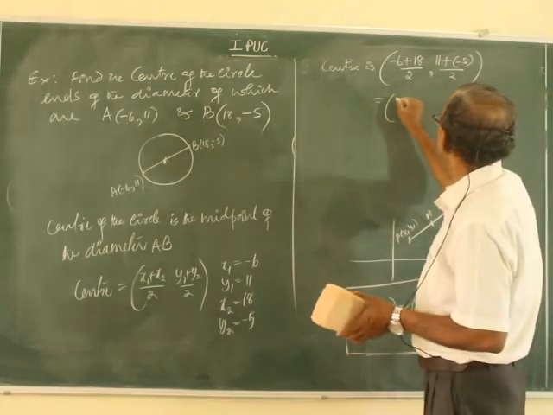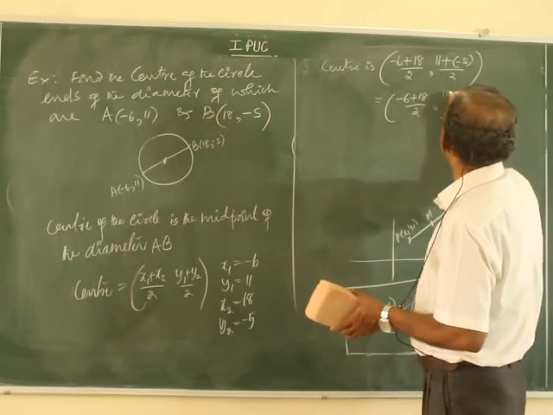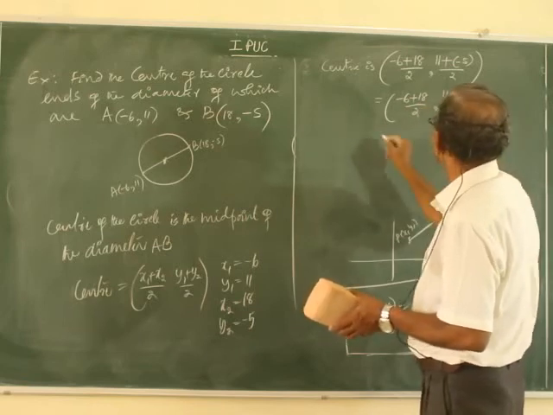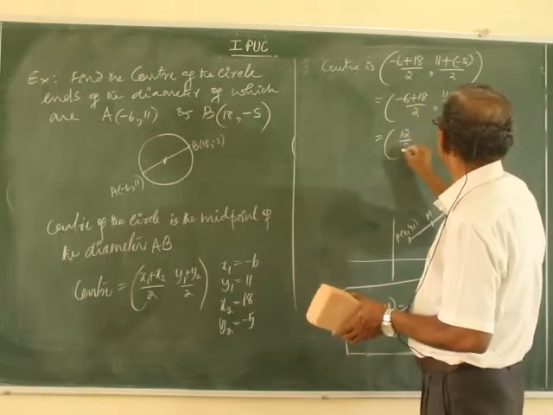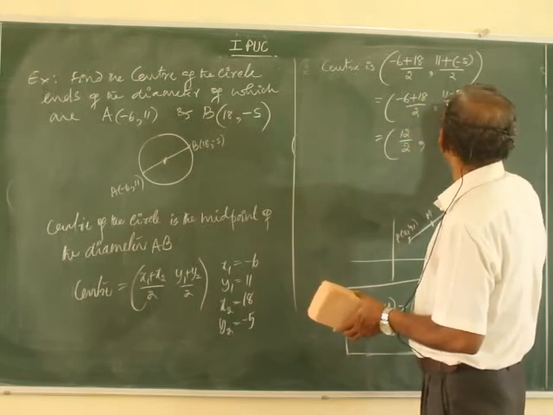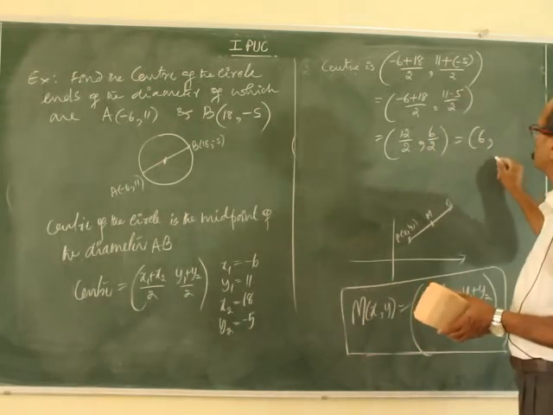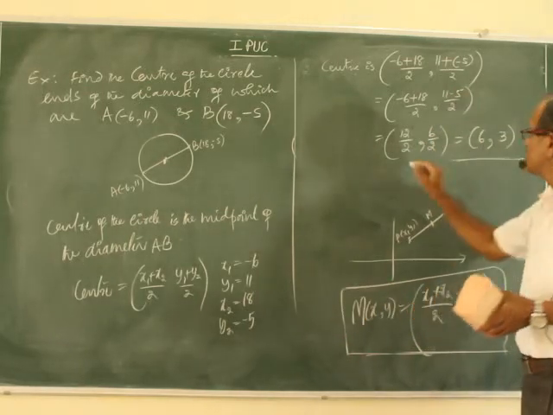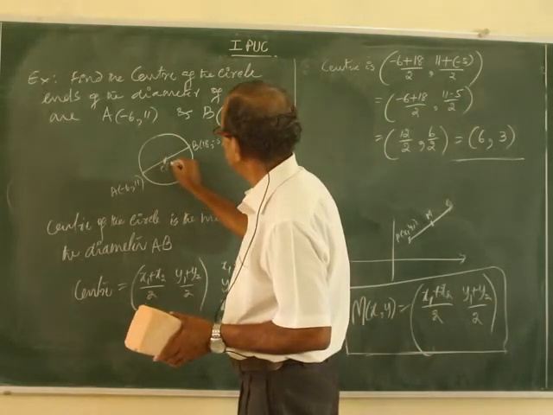That is minus 6 plus 18 by 2, 11 minus 5 by 2. Or 12 by 2, 6 by 2. Answer is 6, 3. Center of the circle is (6, 3).